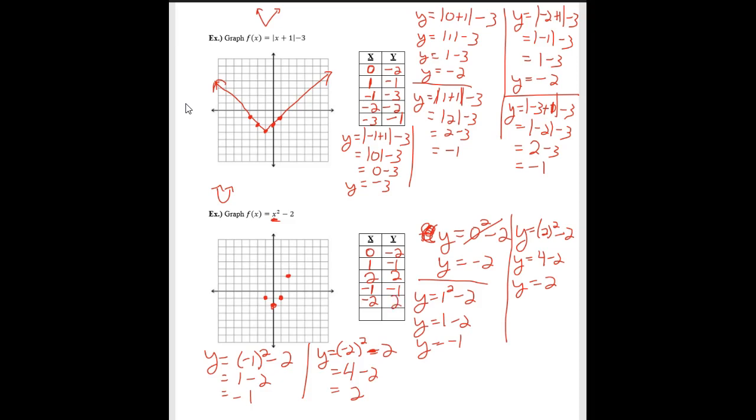I go back 2, 1, 2, and up 2, 1, 2. I see I have that full parabola shape. And then continuing on my graph in both directions. There you go. So those are the tricks to graphing nonlinear equations with tables.